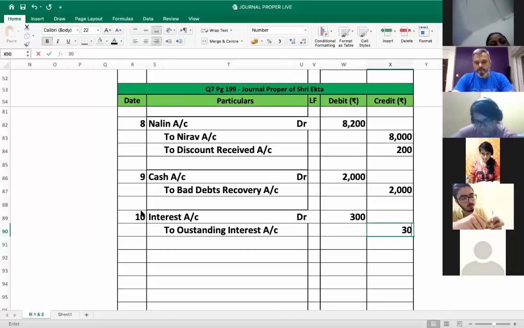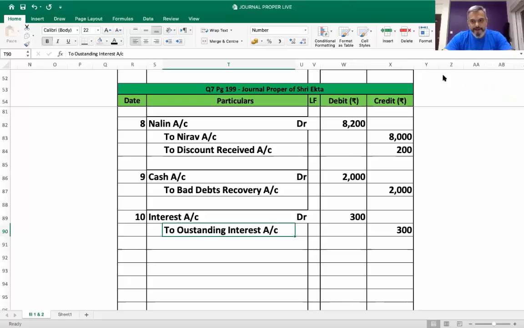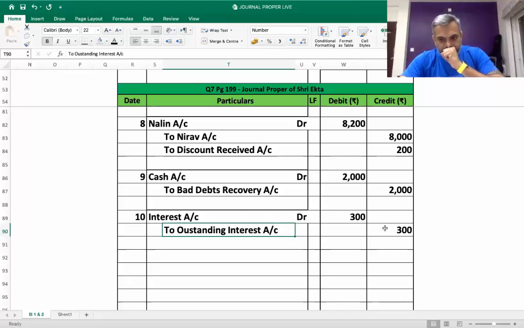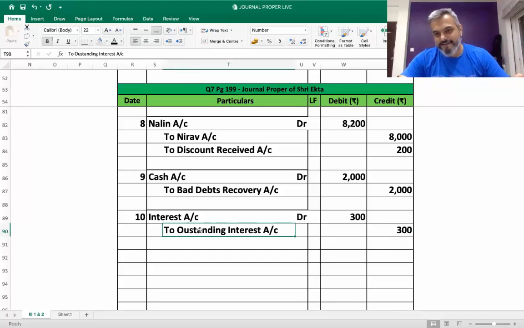You can also use payable interest account, but you will not write the name Manoj. It is a representative personal account. Representative personal account means this amount of 300 is our liability towards a person, but we are not writing the name of the person. So we are using outstanding interest account which represents a person.